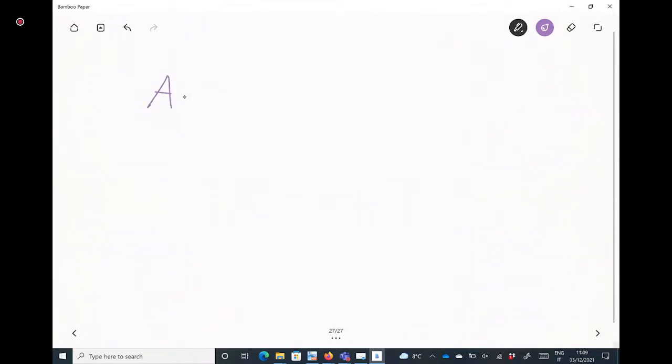We are dealing with systems of this type. This is a square matrix. This is a vector of the unknowns, and this is the vector of the constant terms, okay?